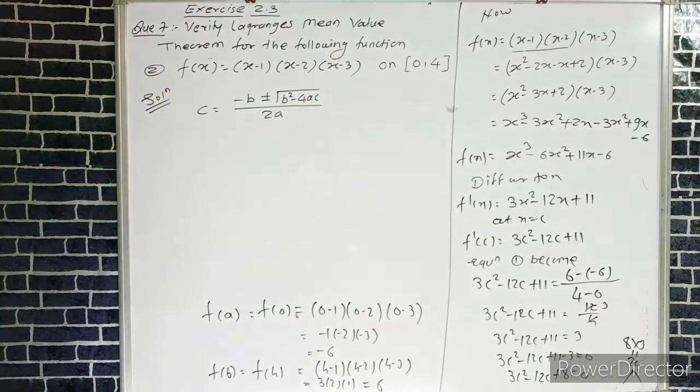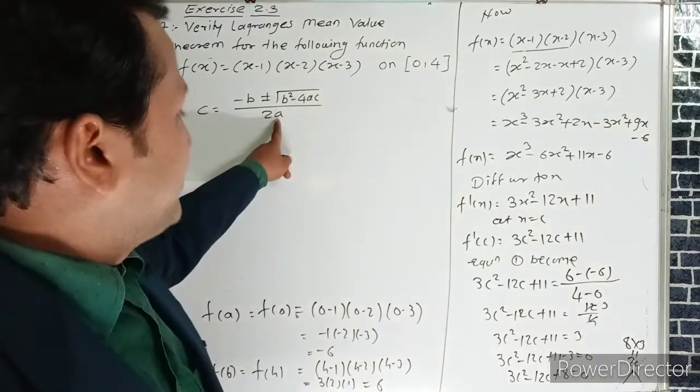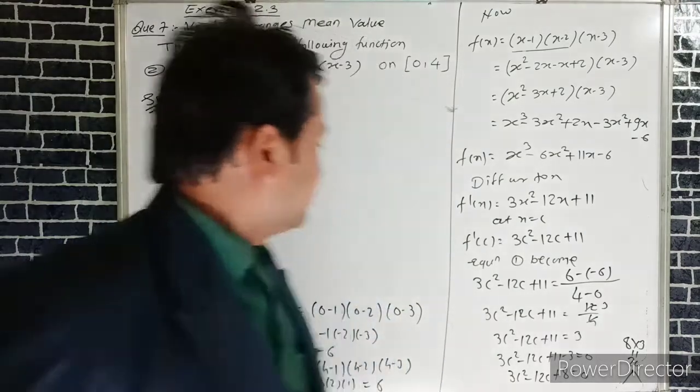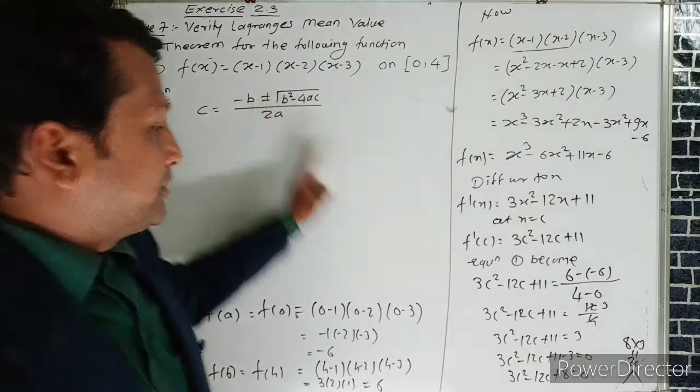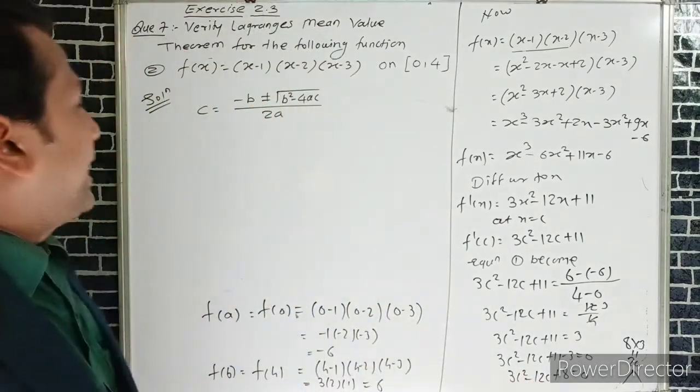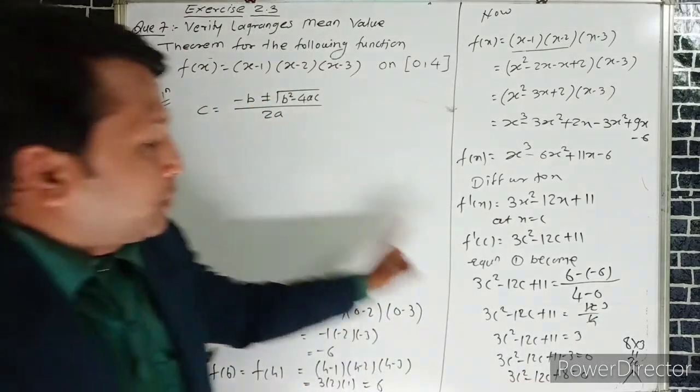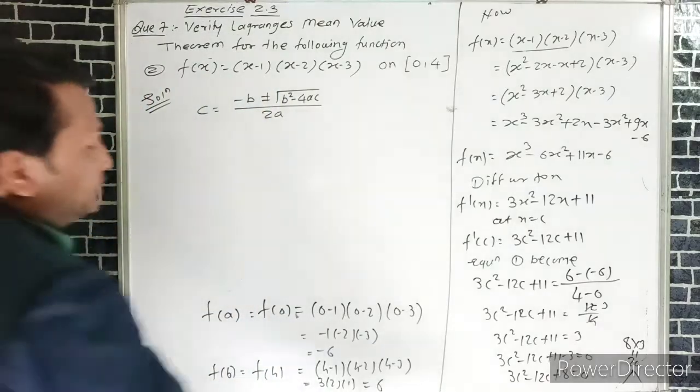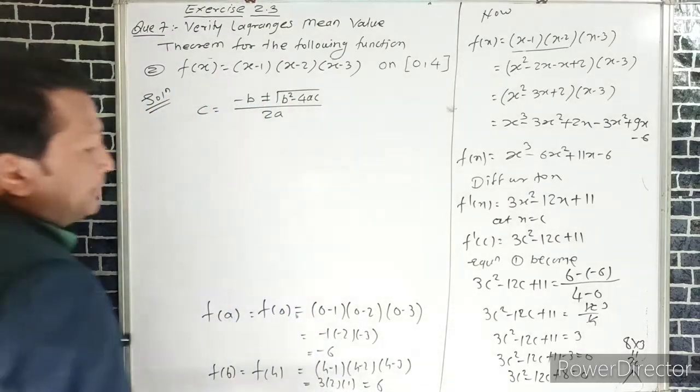Here a means the coefficient of c square, b means the coefficient of c, and c means the constant term.